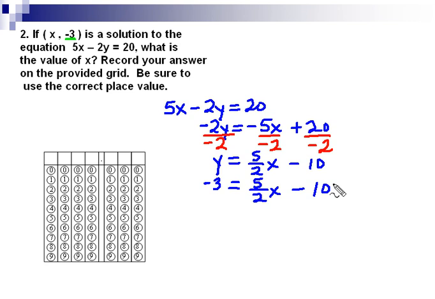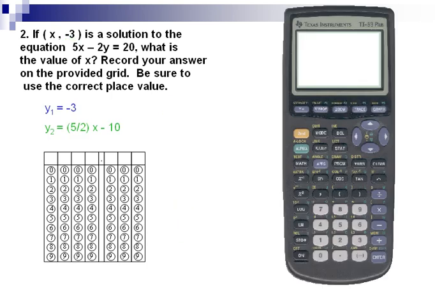We will now treat this as a system of equations, so we are going to separate this into two lines that we can graph. y1 will be equal to negative 3. y2 will equal 5 halves x minus 10. Now we will use our graphing calculator to graph these two lines and find the point of intersection.